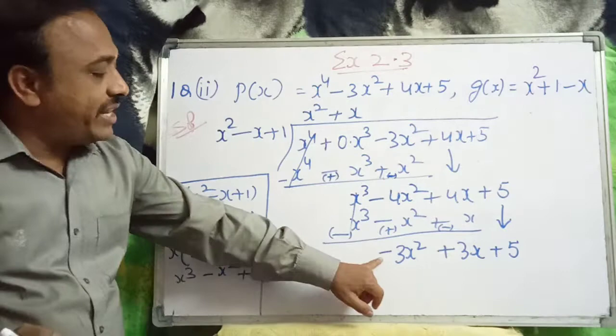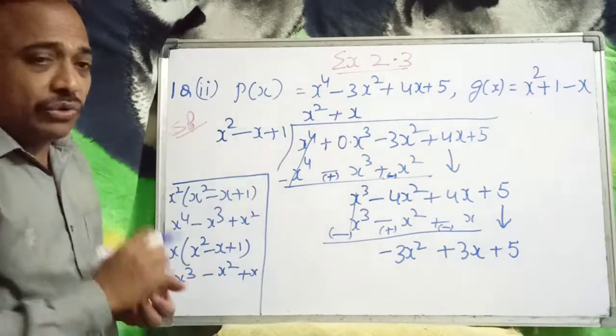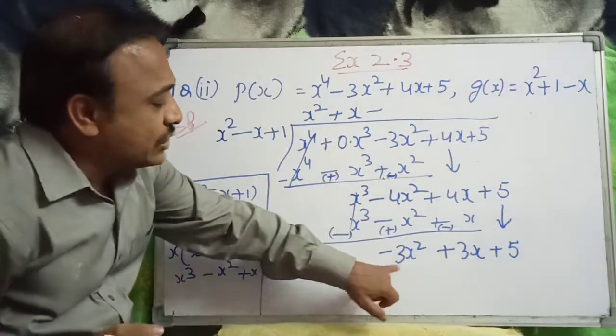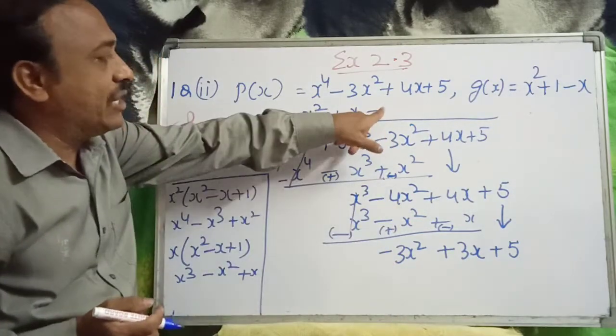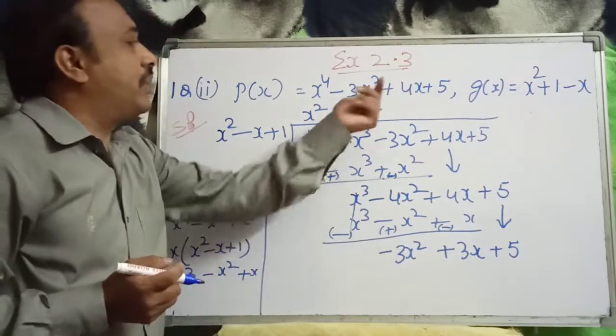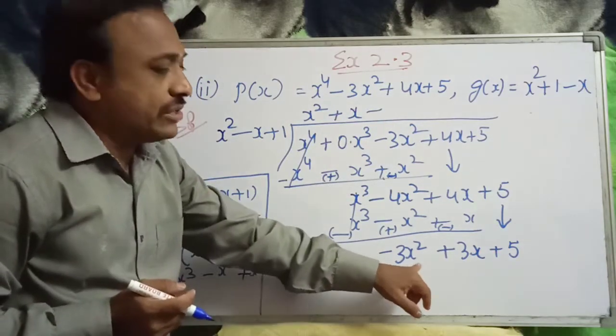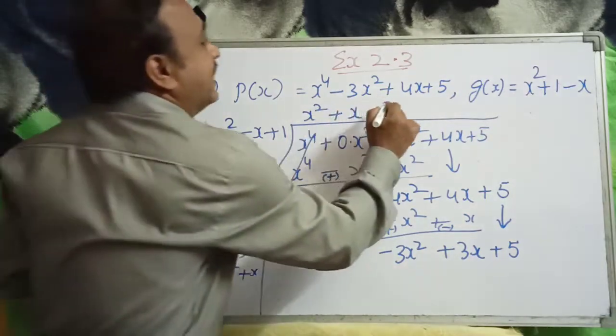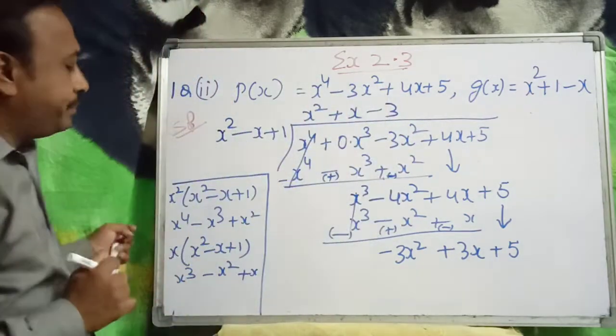Now you have the sign minus here, so you have to multiply with minus, and this is 3x square. The first term's sign is the same sign you write immediately. So minus 3x square; we have x square in this place, so we need the term minus 3.